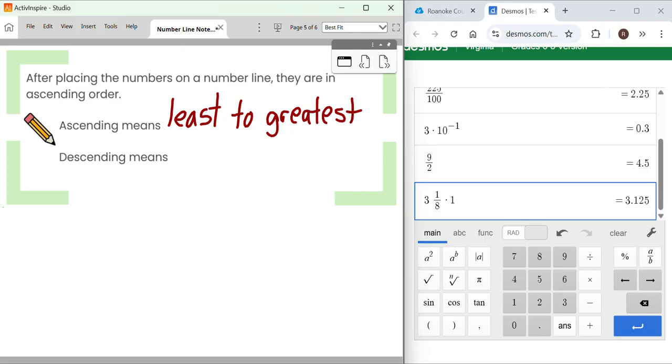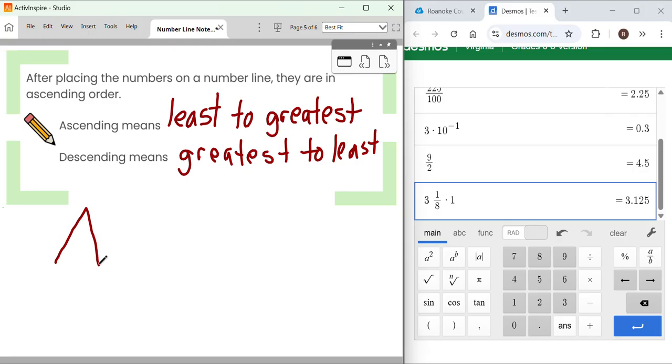And descending means greatest to least, okay? Ascending, I like to make it look like an arrow, and I just put little dots here to make it an A, and that is going up. So that means you're starting with small and you're going up to big. Ascending, that's how I remember that, okay?